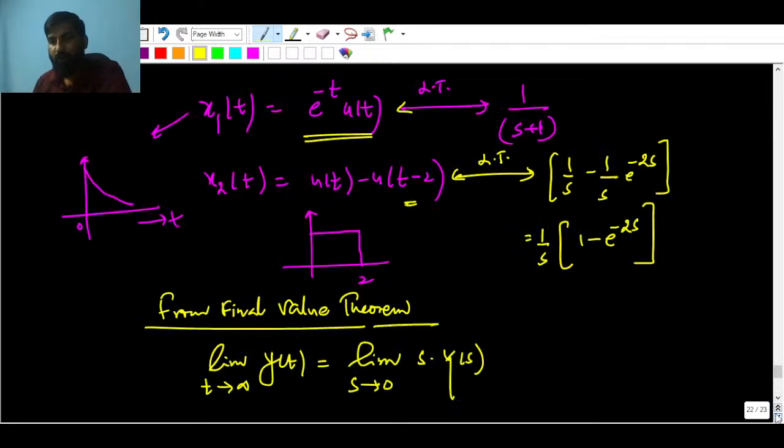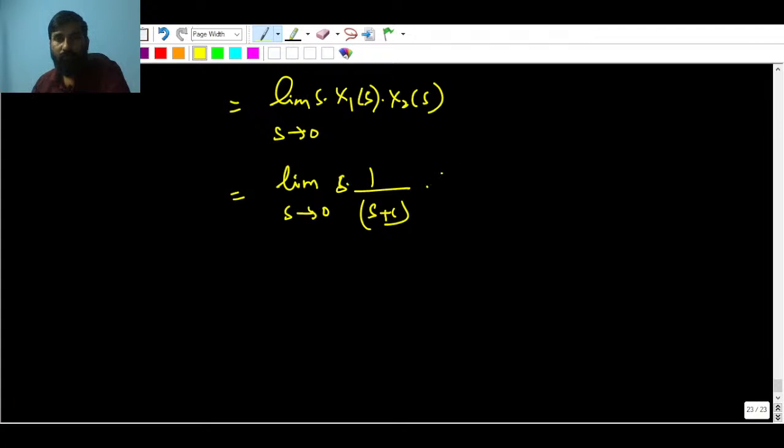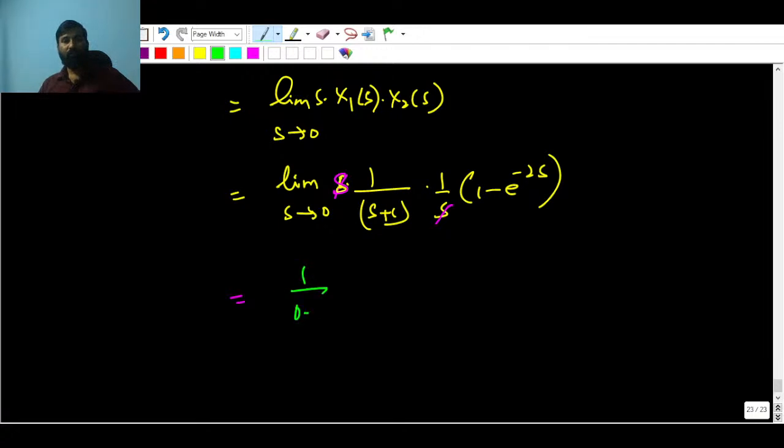And we have 1 by s into 1 minus e raised to power minus 2s. Here you can see something is getting cancelled, the main culprit s is cancelling here. Now if we put 0 here, we get 1 by 0 plus 1, and 1 minus e raised to power 0.